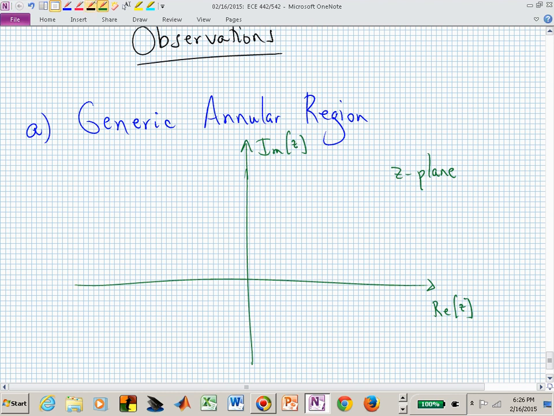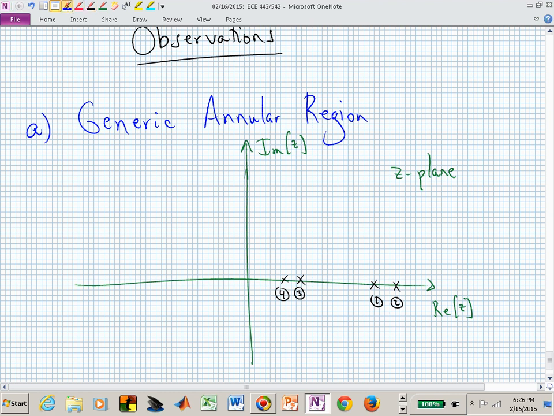But let's say that we have poles at these four locations. This is, let's say, pole 1, pole 2, pole 3, and pole 4. Those are not zeros. Those are just labels on my poles, even though I've enclosed them in circles.